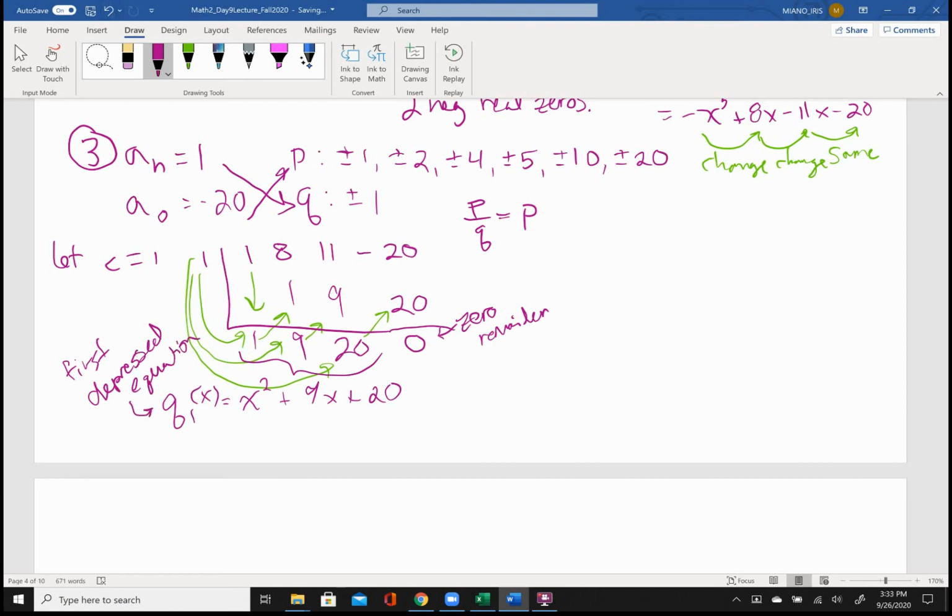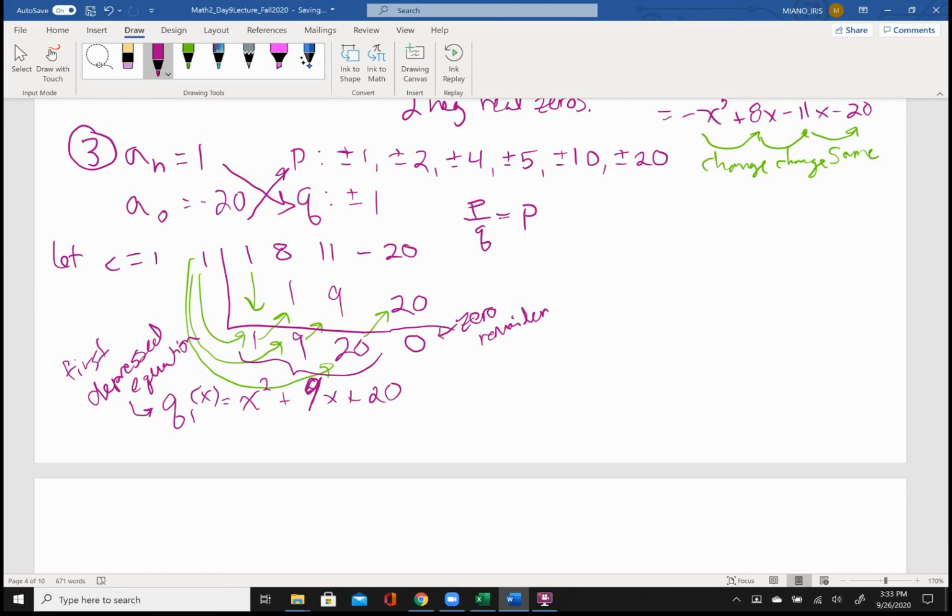It's only because we have a 0 remainder that we use it and actually care about it. It's the remaining part after you took out a factor of x minus 1.